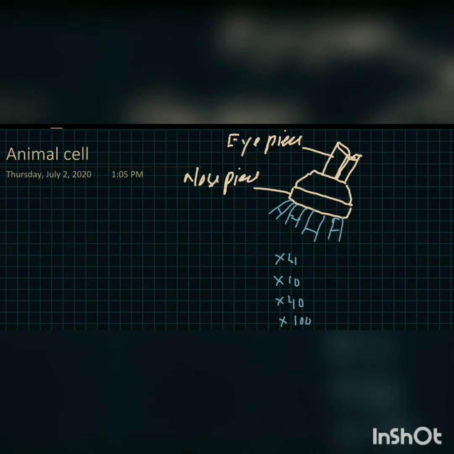And there may be power written on the eyepiece as well, which may be X10, X20, X8, X7 or any power.